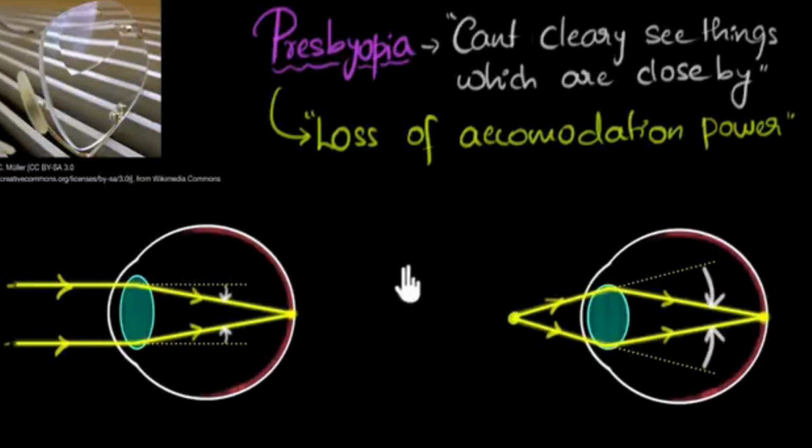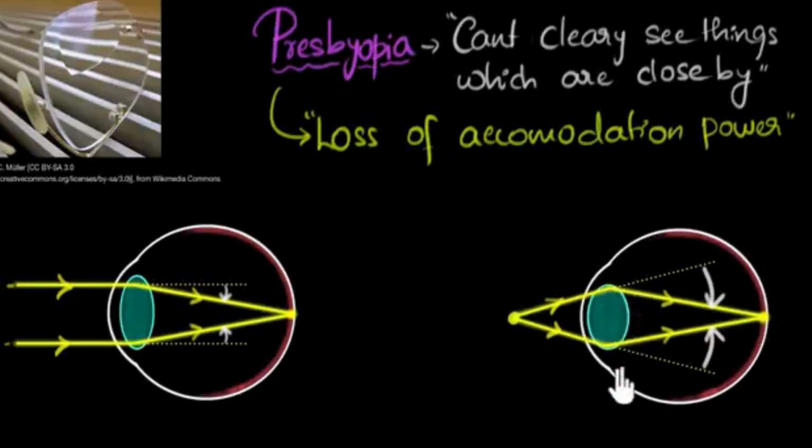Now imagine if we lost the power of accommodation. Imagine if our lens lost its elasticity. What would happen then? Well, if you're looking at things far away, our eyes will be relaxed, no problems here. But when things come close by, now we have problems bulging this lens, because the lens has lost its elasticity, it has become hard.